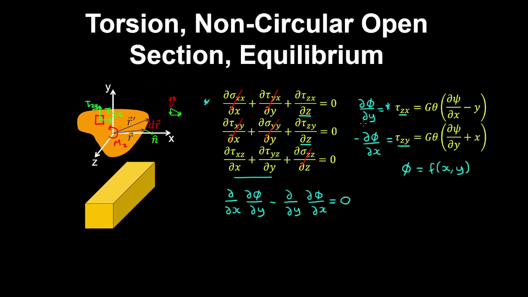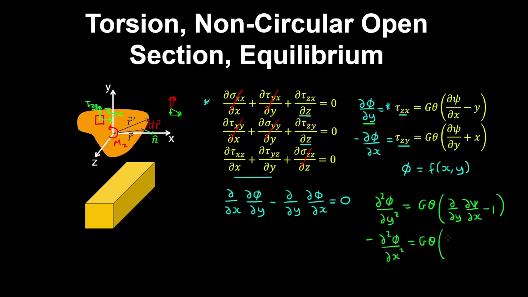So now if we differentiate the first equation with respect to y, we get G theta by the partial with respect to y of the first derivative of the warping function minus 1, and we differentiate the second equation with respect to x, so we get G theta by the partial with respect to x of the partial of the warping function with respect to y plus 1.